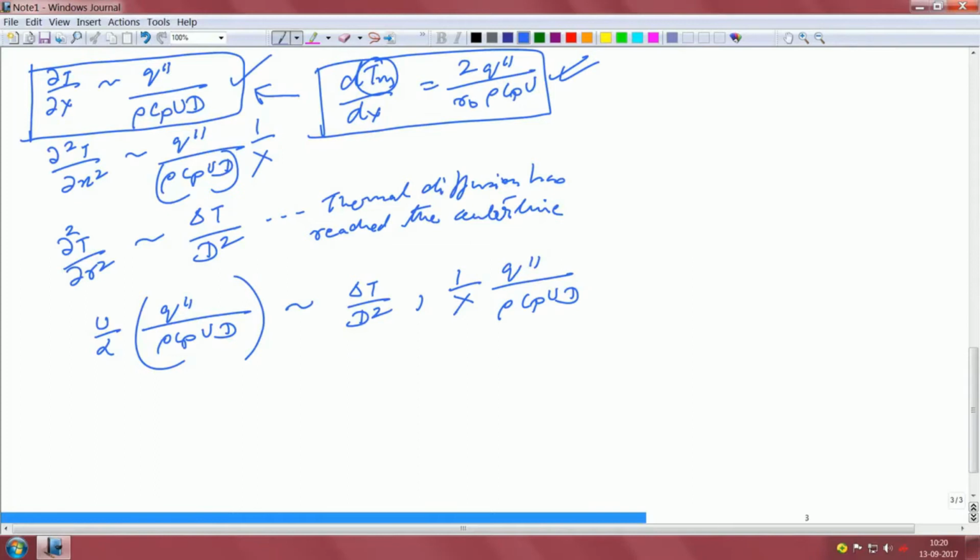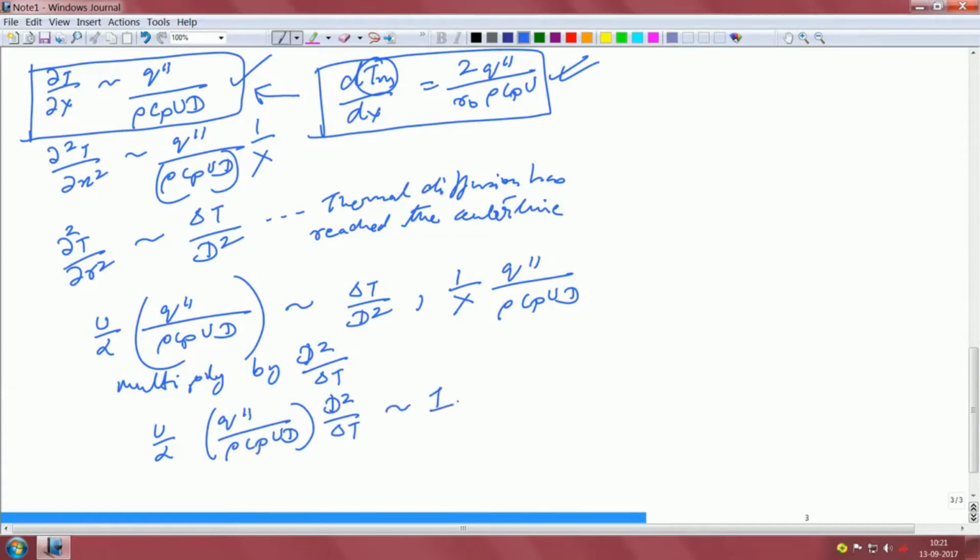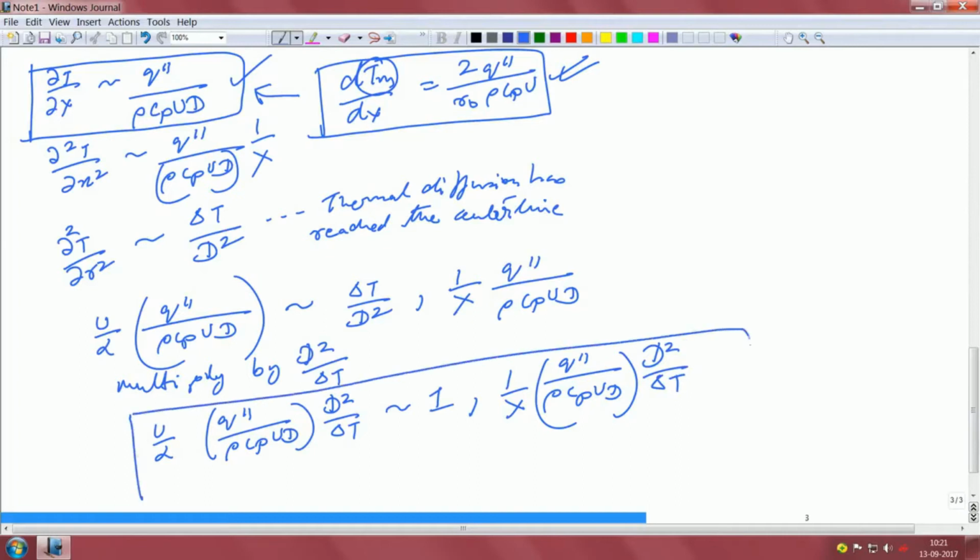So, now that we have all these terms, let us multiply all the terms by d square by delta T. The first term will become u by q double prime over rho Cp u d, into d square by delta T, which is proportional to 1, comma, 1 over x times q double prime over rho Cp u d, into d square by delta T. Those are the terms that we get.